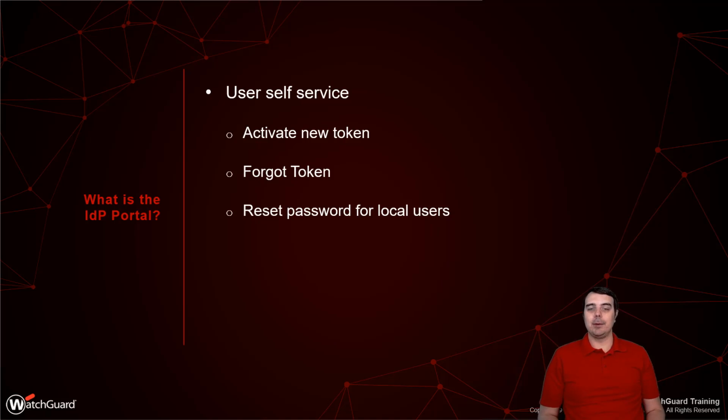Local AuthPoint users can also change or reset their password on the IdP Portal, but users from LDAP or Active Directory cannot. The second function of the IdP Portal is to provide users with easy access to any SAML applications they are authorized for.